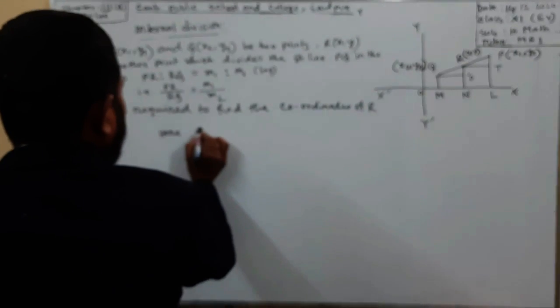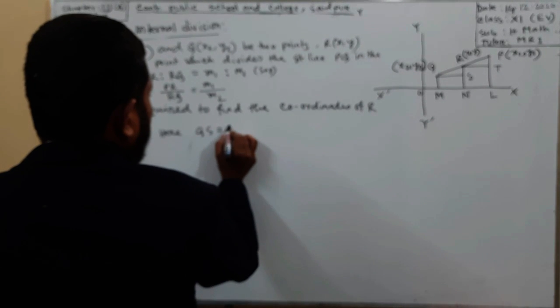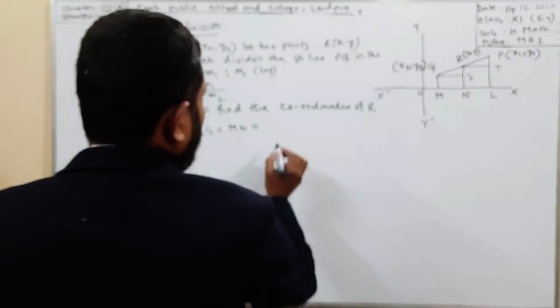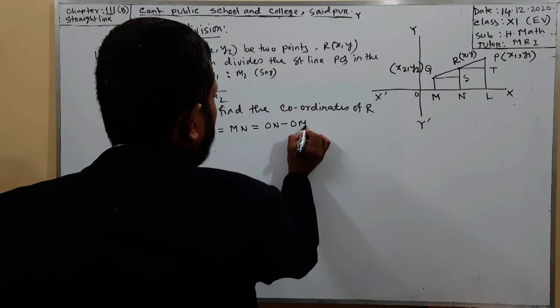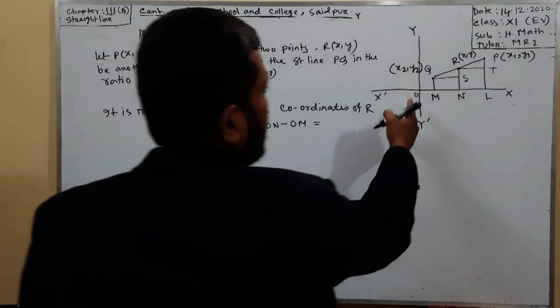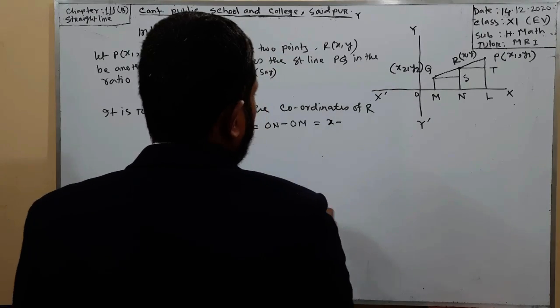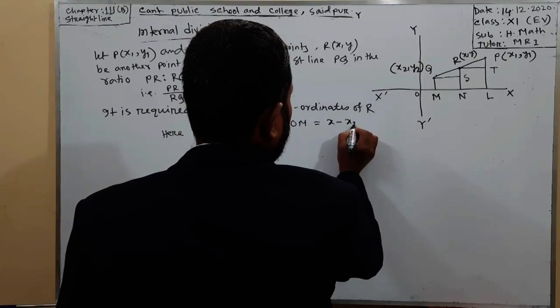Here QS is equal to MN, which is equal to, we know, ON minus OM. Here ON is equal to x, and OM is equal to x2.